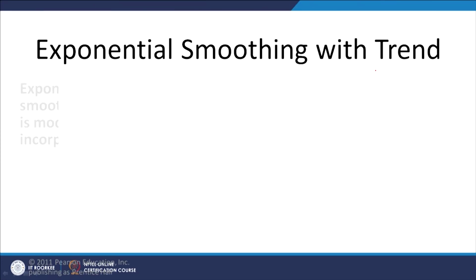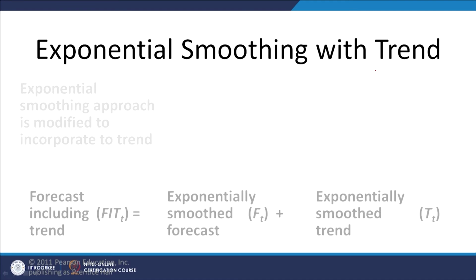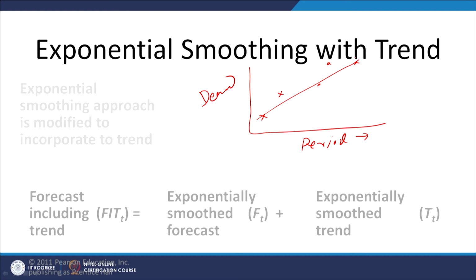Then we have the second aspect, that is the application of exponential smoothing with trend. We know that in case of a trend, as a function of the period, maybe quarter, month or years, the demand may show some kind of trend, meaning the change in demand is consistent, either increasing or decreasing.